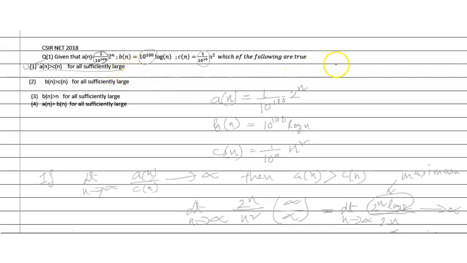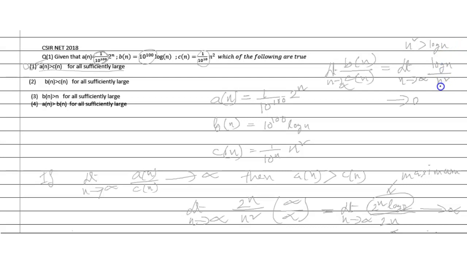And bn by cn, limit n tends to infinity of log n by n square, tends to 0, as n square is always greater than log n.